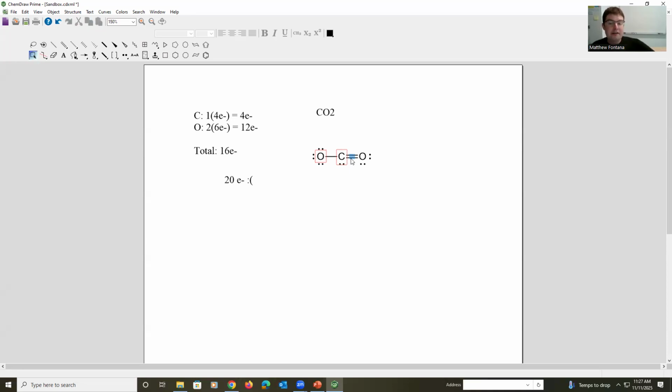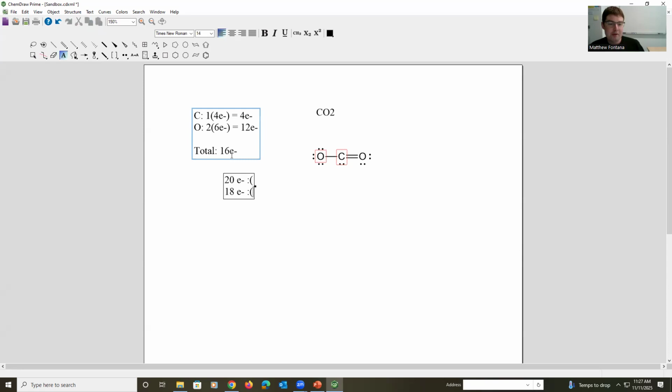This is good. Now let's count up the number of electrons we have. Well, we have 2, 4, 6, 8, 10, 11, 12, 13, 14 from the double bond, 15, 16, 17, 18. Okay, so we have 18 electrons here. So you'll notice that we still have an incorrect answer, but we moved it closer in the right direction.